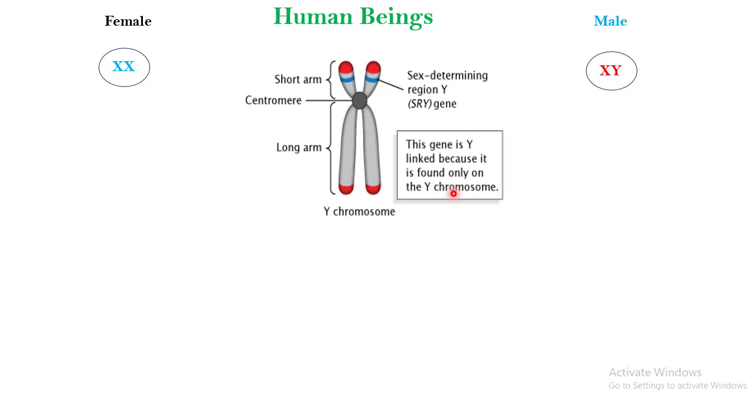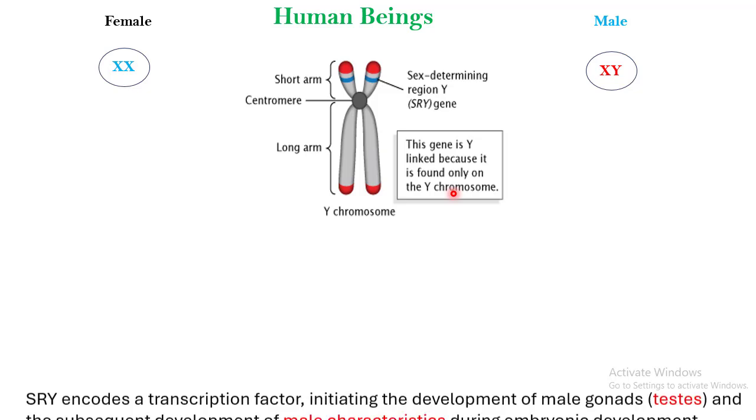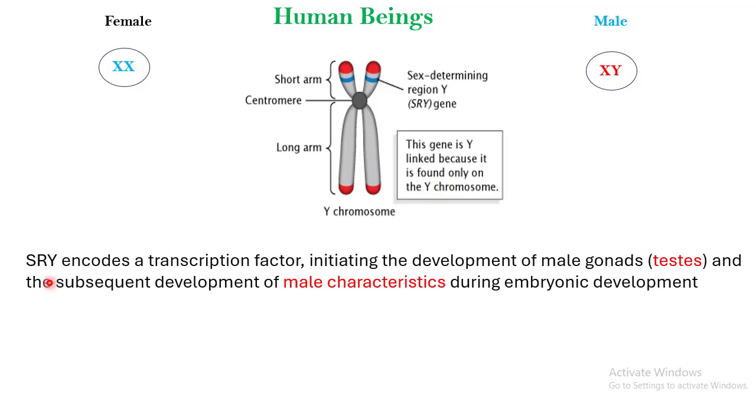and not on the X chromosome. So, what is the specialty of this SRY gene? This SRY gene is going to encode a transcription factor. This transcription factor is going to initiate the development of the male gonads, like the testes, and the subsequent development of the male characteristics during embryonic development.